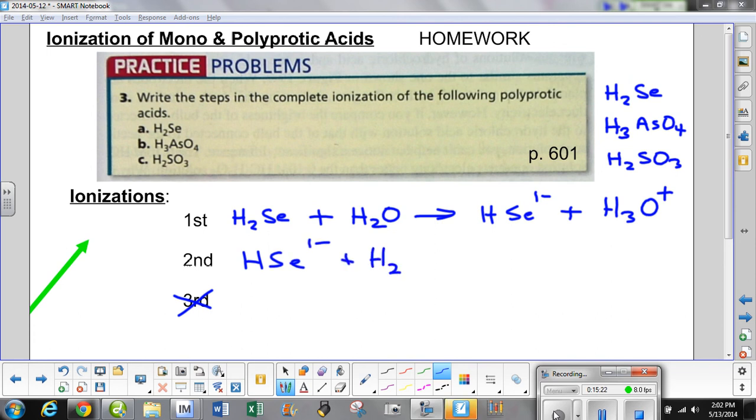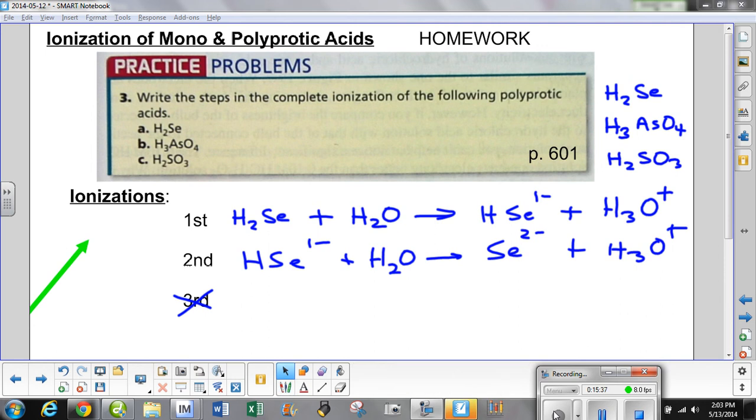Drops off another hydrogen with another water, and we get no H's, Se, 2 minus. Okay, so we've got it there.